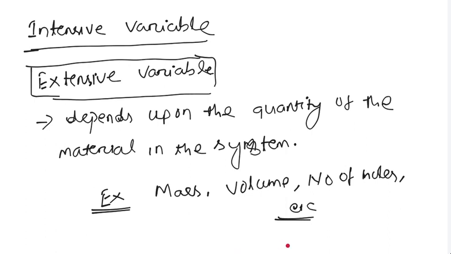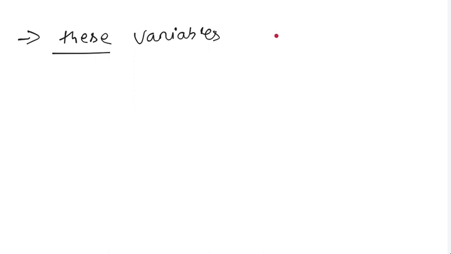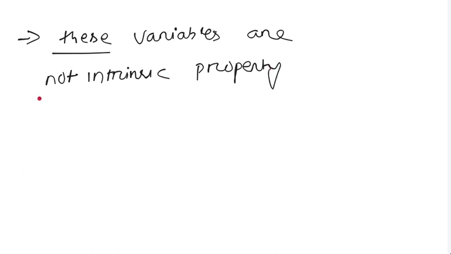So extensive means it is defined through the quantity. That's why these variables are not intrinsic properties, because if you change the volume or mass, the substance will not change, the phase will not change.